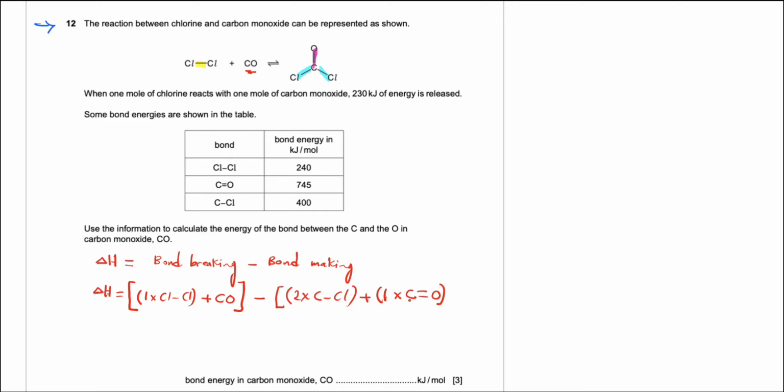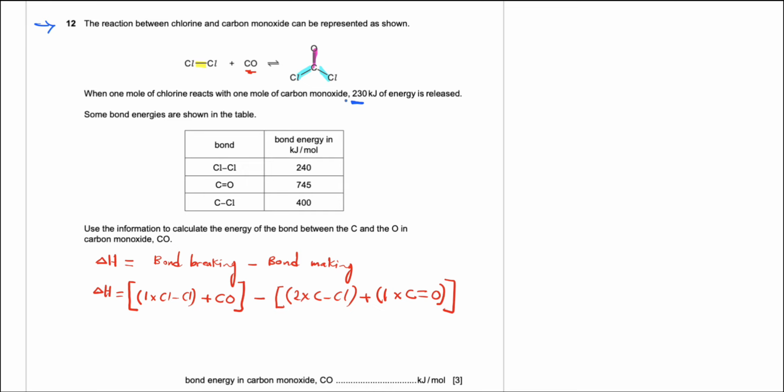And you have to notice that it doesn't have to be necessarily the same as the carbon-oxygen bond here in the reactant side. It could be, we don't know, but let's confirm. Okay, so if you plug in the numbers, delta H was given to you as 230 kilojoules.